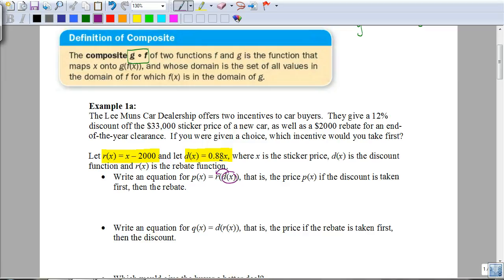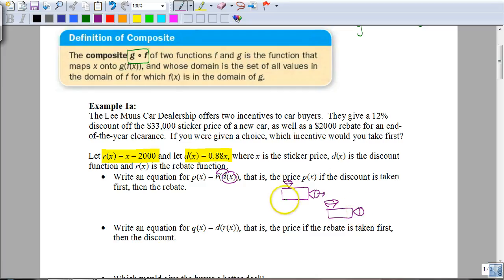To maybe simplify things, let's look back at the function machine. Okay, so here's our two machines representing the composition of functions.